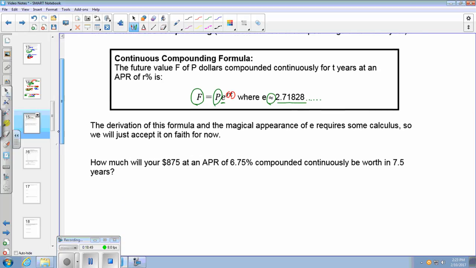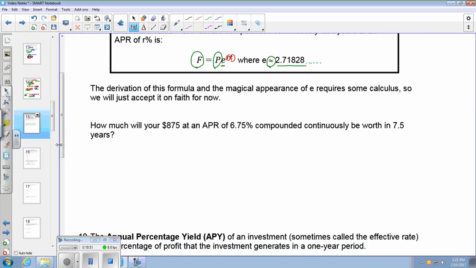R is your interest rate, and it should be in decimal form for this formula to work. The derivation of this formula and the magical appearance of e requires some calculus, so we're just going to accept it on faith for now and learn how to use the formula.